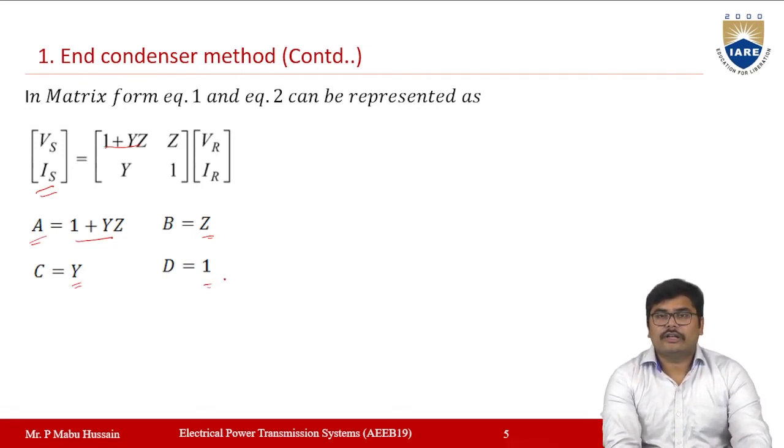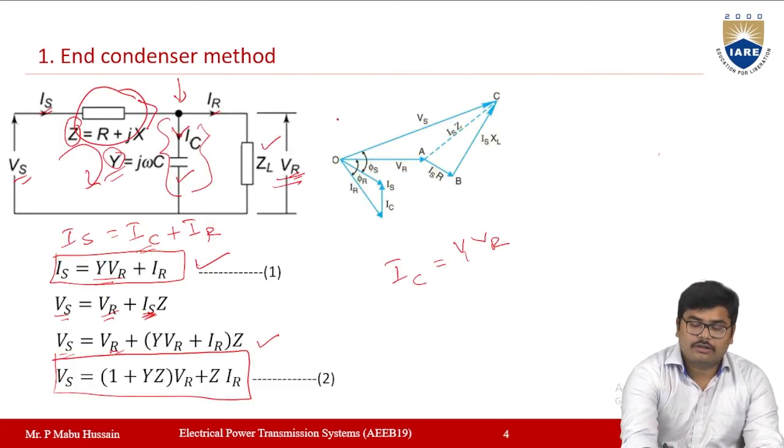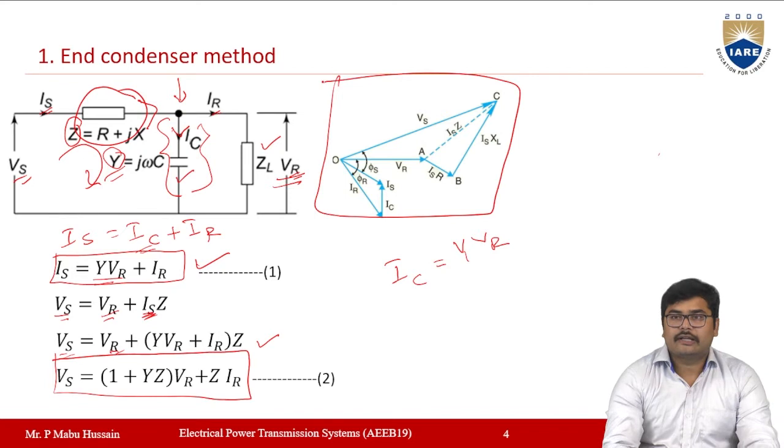This is how you can represent the medium transmission lines in terms of equations and ABCD constants. If asked to draw the phasor diagram, you can draw it. How can you draw this phasor diagram? Let us see now.